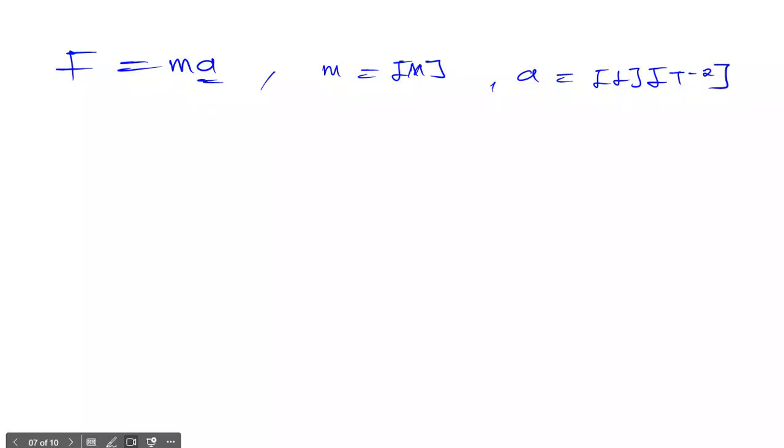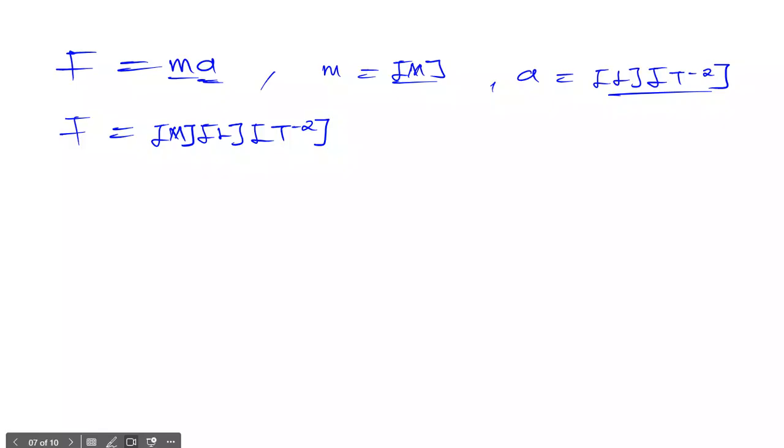So I can just replace the given values to find the dimensions. So mass is capital letter M, and acceleration you just multiply by this.